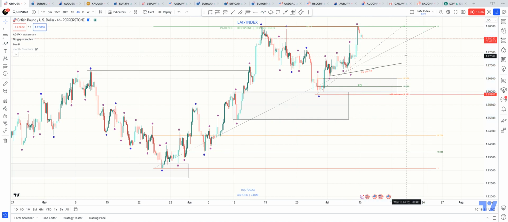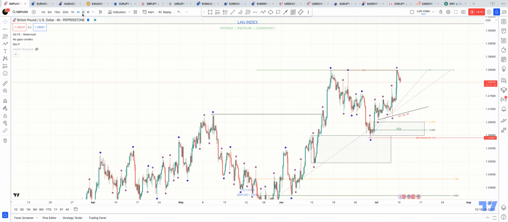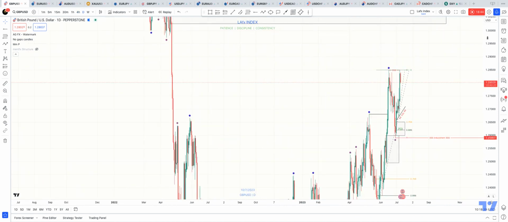Right. So regardless, we're bearish. Unless of course price intends to go a little bit higher before.